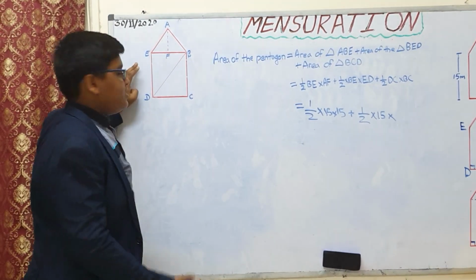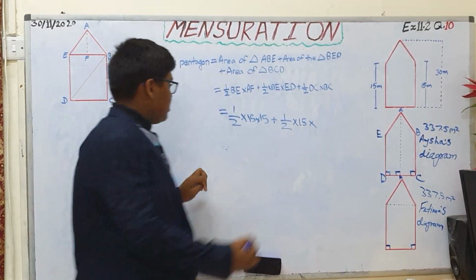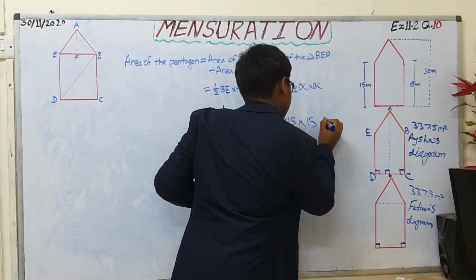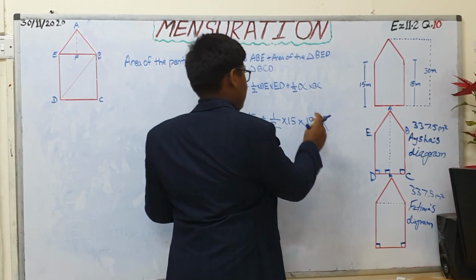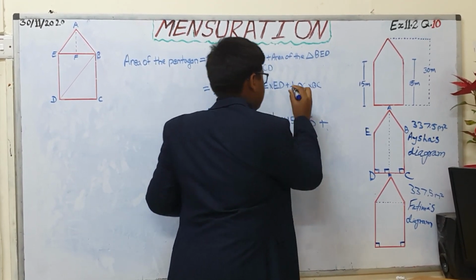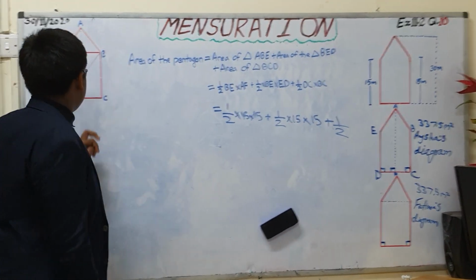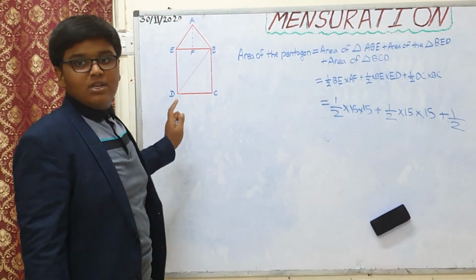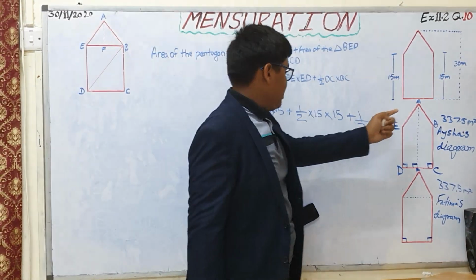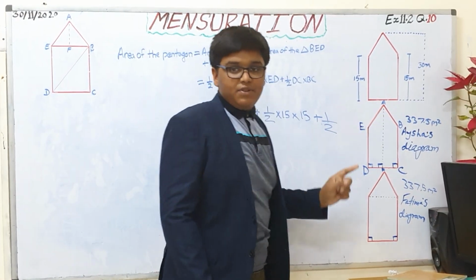Now there are so many 15s in it, so be careful while doing this and don't get confused. Into 15, again plus 1 by 2. Now DC. What is DC? DC is this one. Previously we did 15 minus 30, which gives 15.